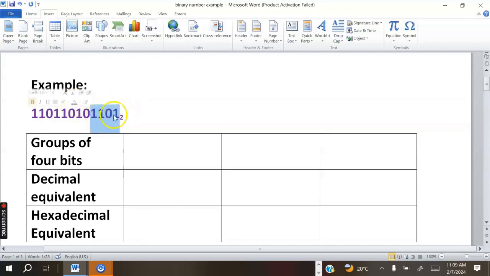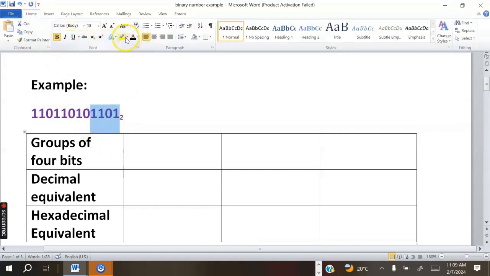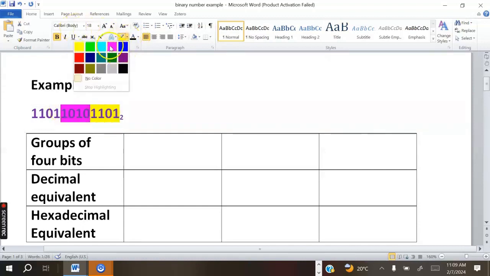But for this one, let's arrange in a group of 4. So we have the first bunch. Maybe we can give this a different color. Then we have this one, another group, another color there, and lastly we have this one. Okay, give it a different color.